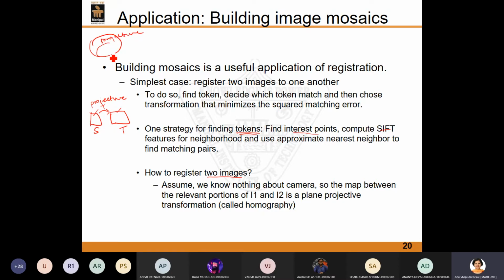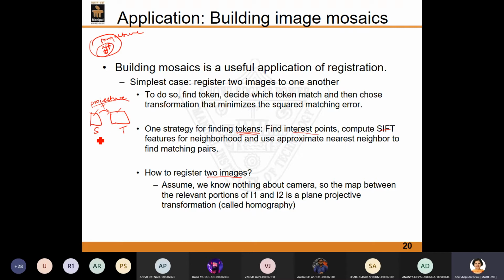Under projective transformation you have the affine, and under that you have the Euclidean. So when you say projective transformation, it is inclusive of the affine and Euclidean transformations. In the general sense, we can assume that the transformation between the source and the target over here is the projective transformation.